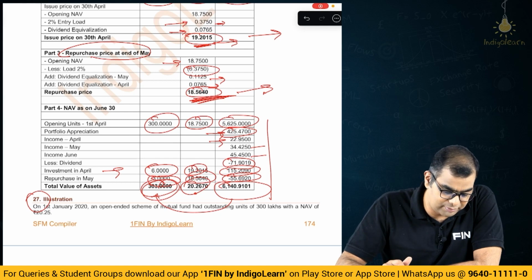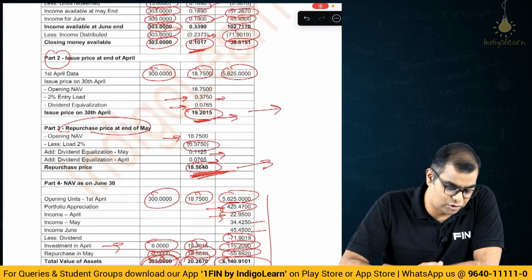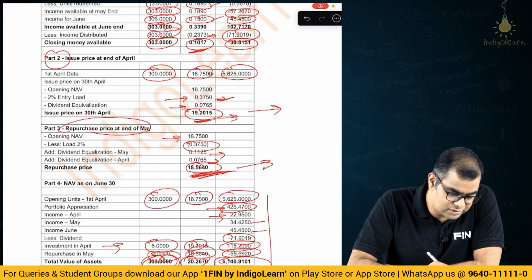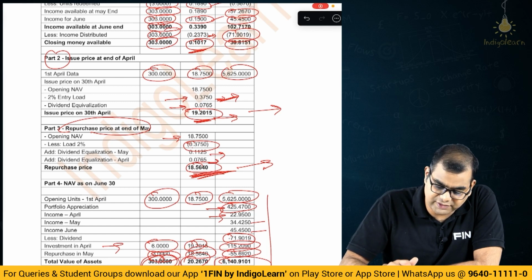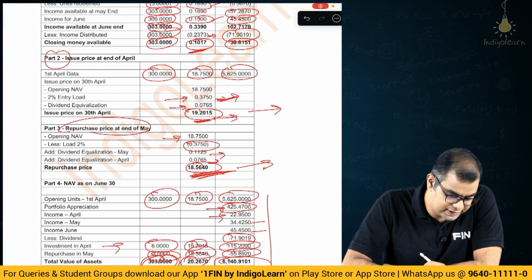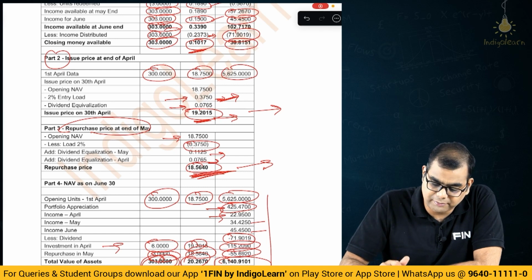Okay, now what is the total money that you have made because of this entire entry load and exit load? You have made here 0.3750 into 6 lakhs, plus how much you have made here? 0.3750 into 3, or we can actually do 0.3750 into 9.